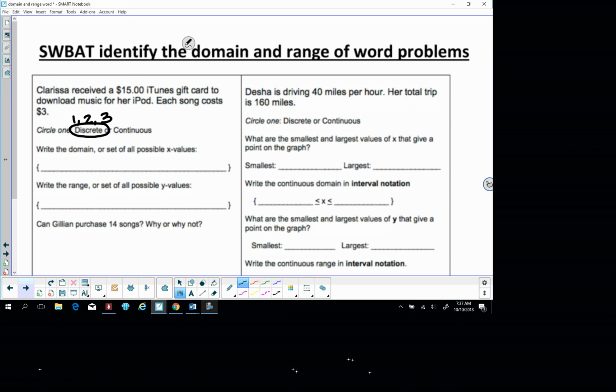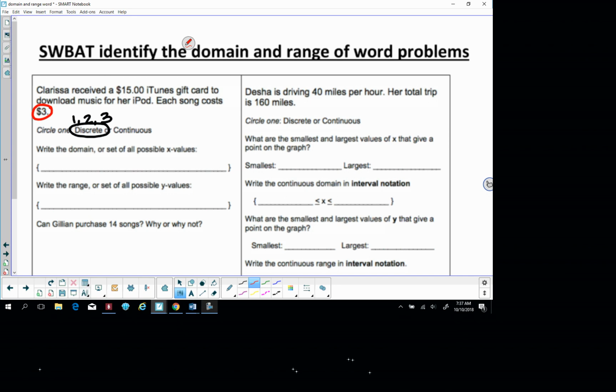Then what is the domain? Who can raise their hand and tell me what the slope is in this situation? $3, right? In this case, because we're starting with a gift card and each song costs $3, would I be adding 3 or subtracting 3? Subtracting 3 for each song, right?